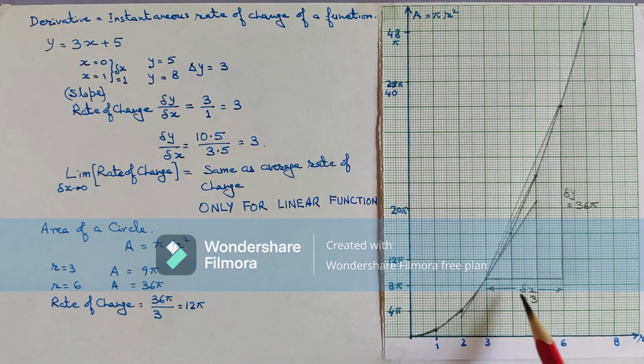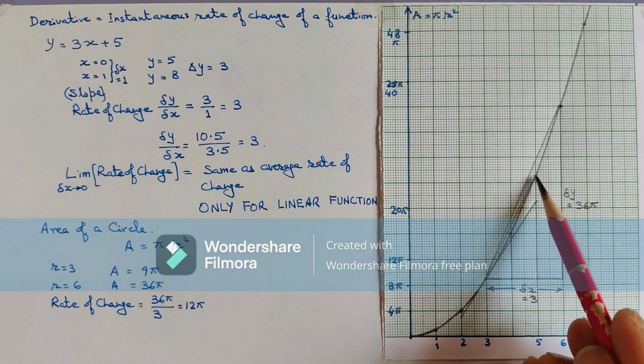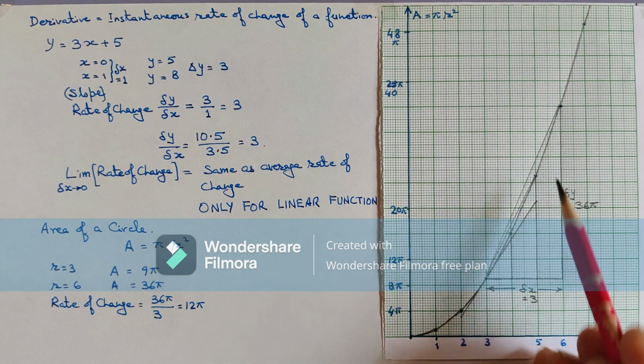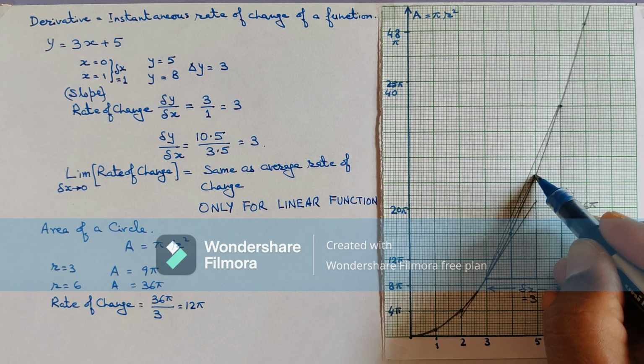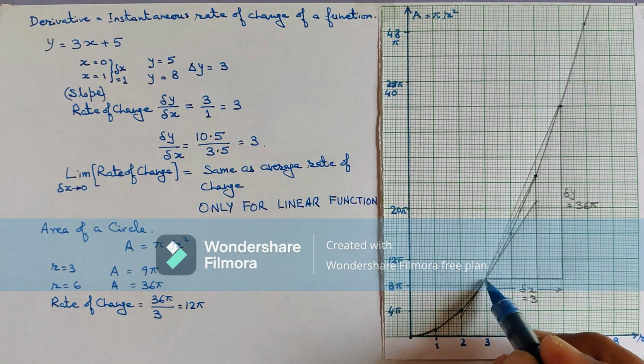If I reduced delta x from first point at 3, second point, instead of 6 I bring it back to 5. So at 5 the area becomes 25 pi. So this happens to be my modified second point.